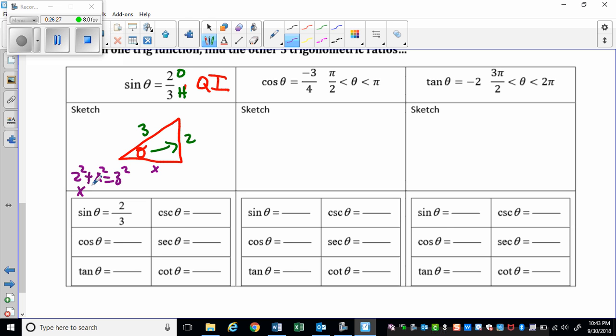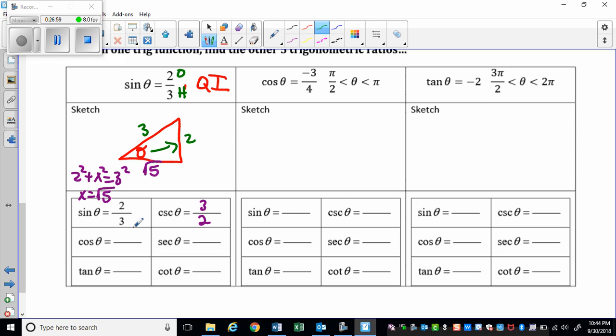This will give me x squared equals 5, so x equals the square root of 5. Alrighty, so this is the square root of 5. I need this so I can find out the other ratios. If sine is 2 over 3, cosecant is 3 over 2. We're just going to flip it.